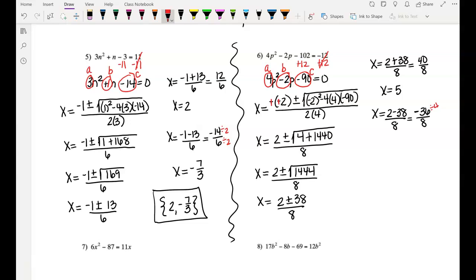Both of these are divisible by 4. So x equals negative 9 halves. So my solution set is 5 and negative 9 halves. Those are the 2 points that that function will cross the x-axis.